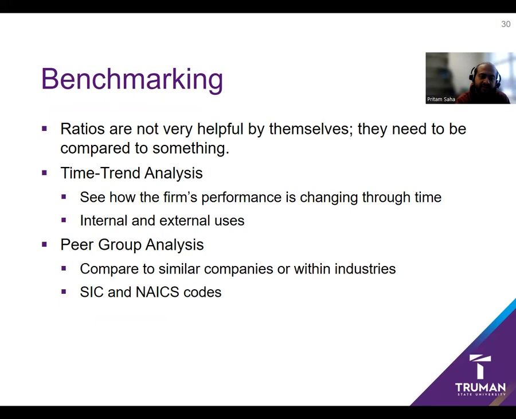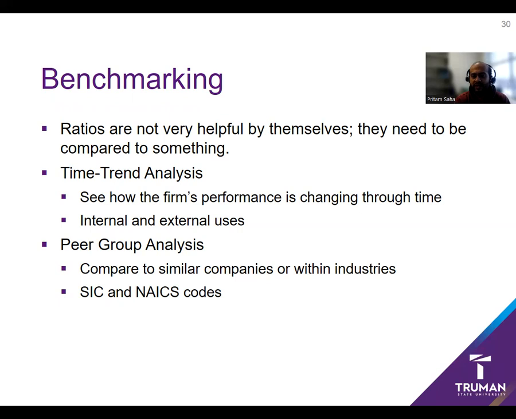First of all, we can do some time trend analysis. Let's say we want to see the current ratio of Walmart for the last 5 years, 2018 to 2022. We can see whether their current ratio is going up, going down, or staying the same. That helps us understand how well or badly they did in terms of current ratios.